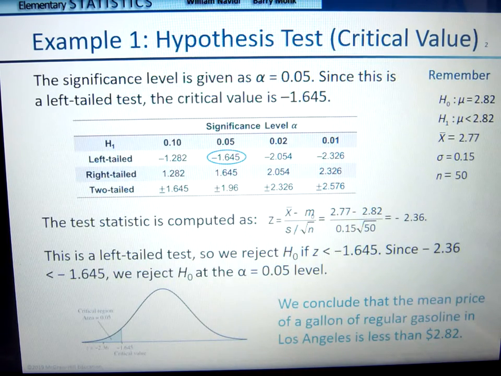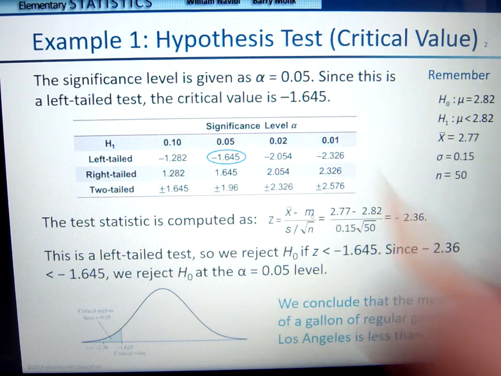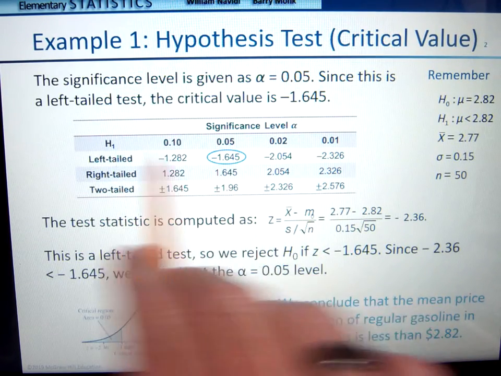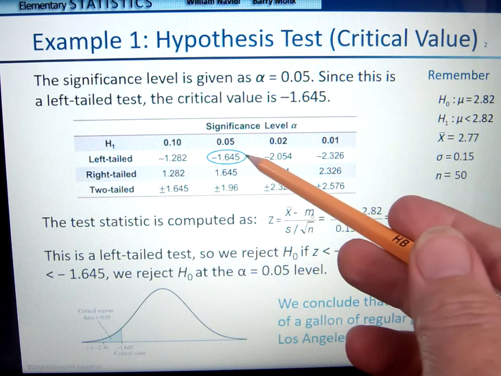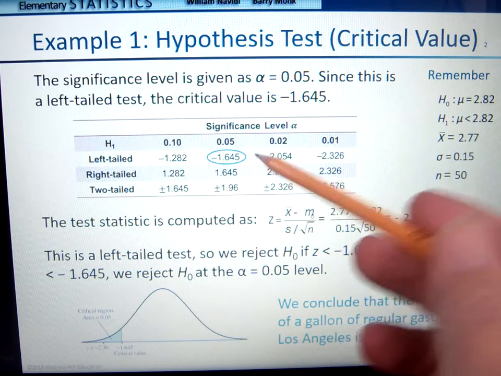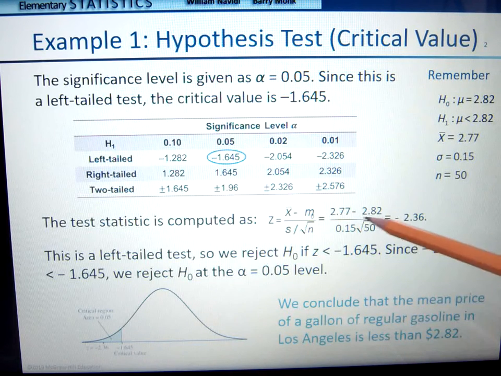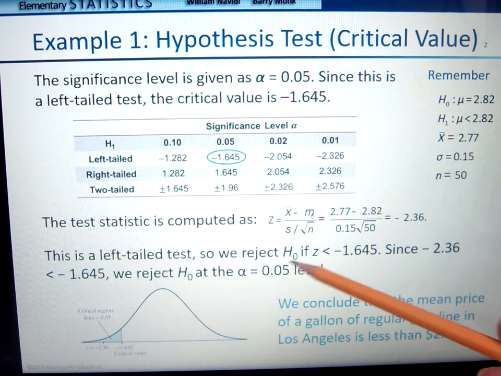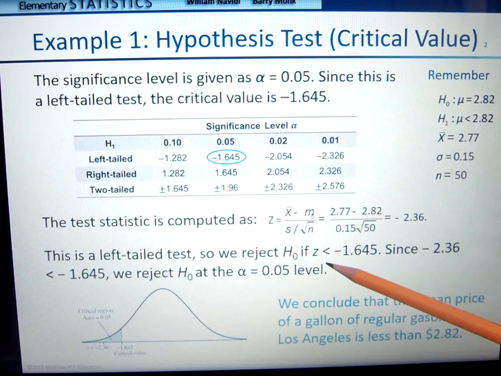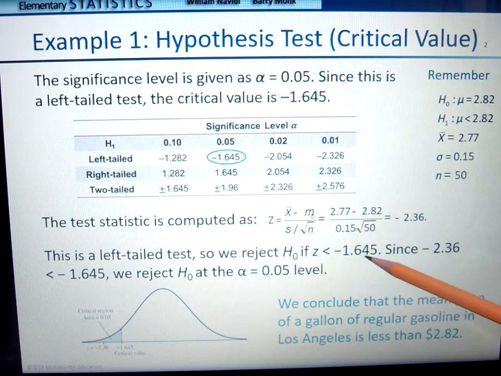Okay. So here we have a significance level, and since it is a left-tailed test, because we want to go less than, we're going to use negative 1.645. We put in our values for our test statistic, and we get negative 2.36. This is a left-tailed test, so we're going to reject the null hypothesis if z is less than negative 1.645.